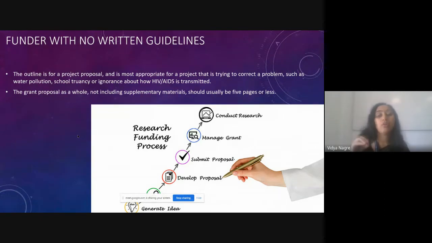Or else you have already conducted a pilot project or pilot research, and then you are now definitely sure about the kind of problem that is happening, or that is a hindrance to this school truancy, right?